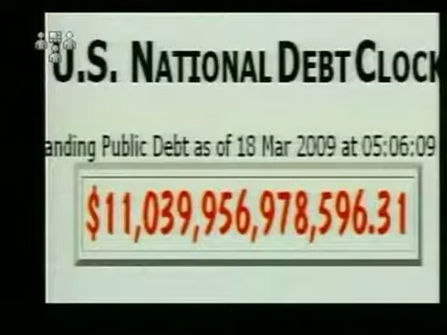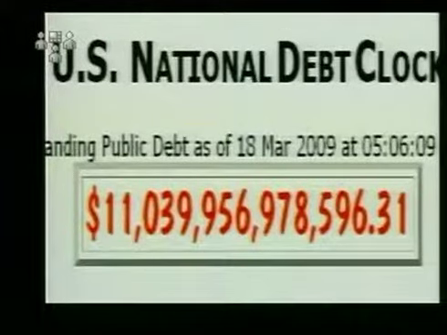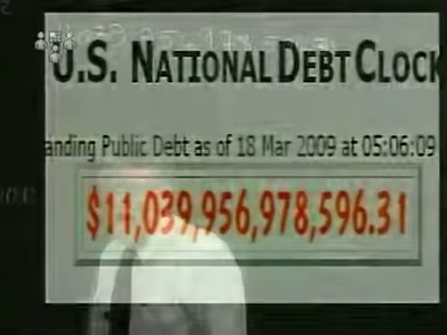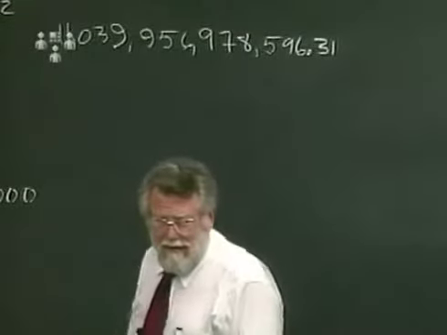It's a bad number. 039. And this is going to hold just for a short period of time. It'll change. 956, 978, 596. That seems rather insignificant, that last 31 cents, right? Yeah, I know.